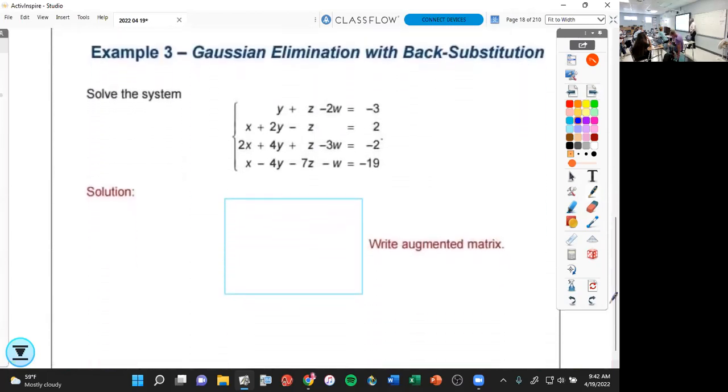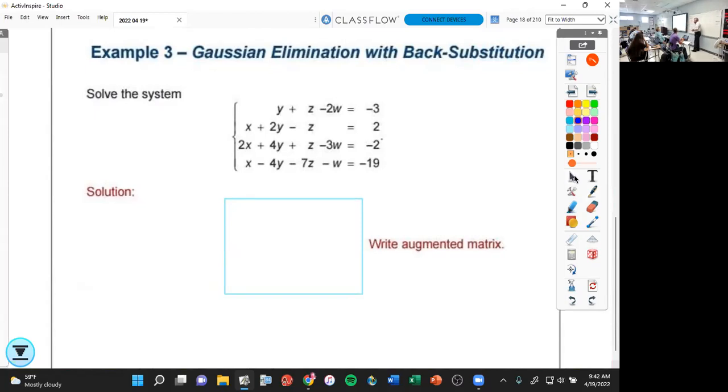Okay, so here's a problem. We're going to solve it. To solve this problem, we are going to start by writing the augmented matrix. How many rows? 4. How many columns? 5. I don't think we're going to solve this one all the way. What's the first row look like as a matrix? Can you reorder it?